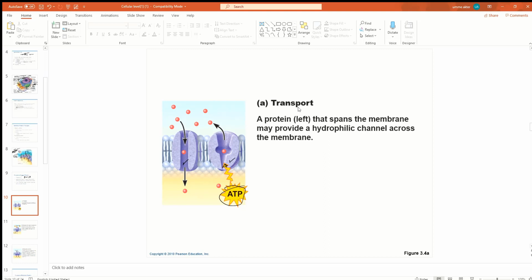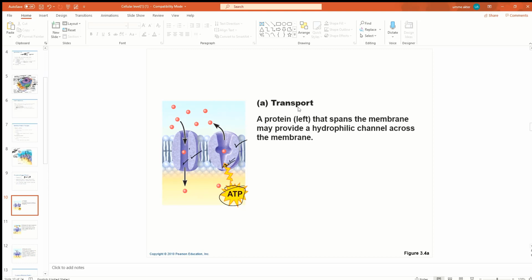So the gated proteins are controlled by the energy that comes from the ATP. However, this channel doesn't change; it is always open. But this one opens and closes, gated. Okay, so that's how the transport proteins work.